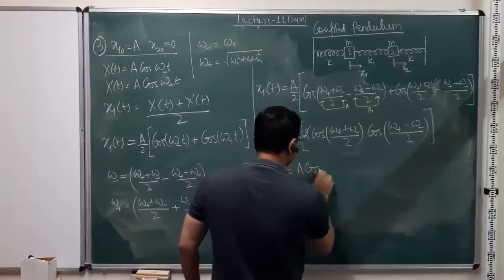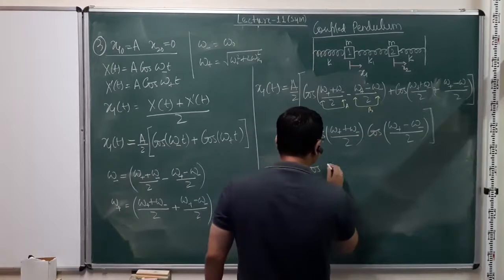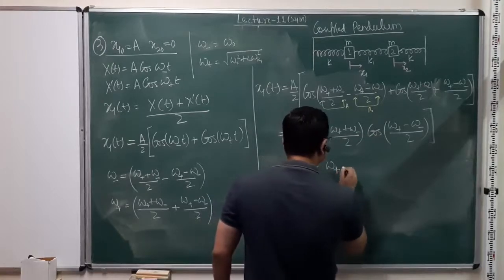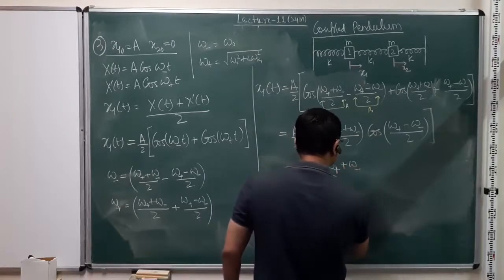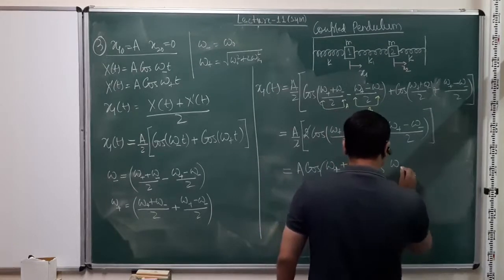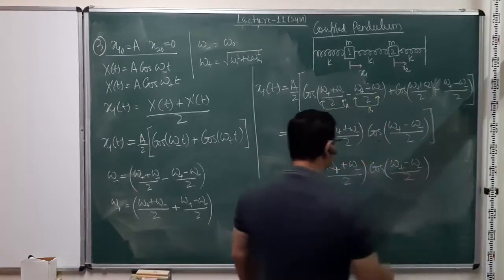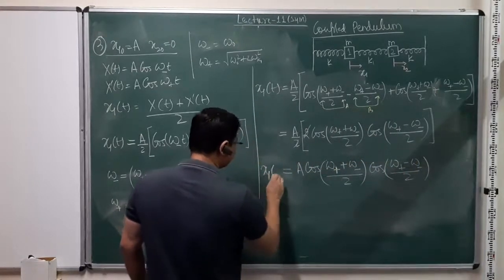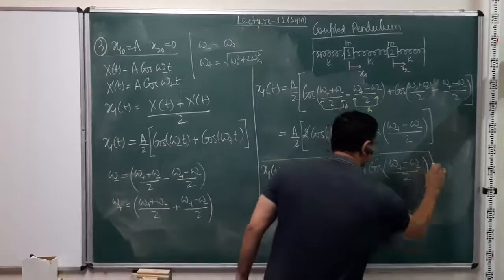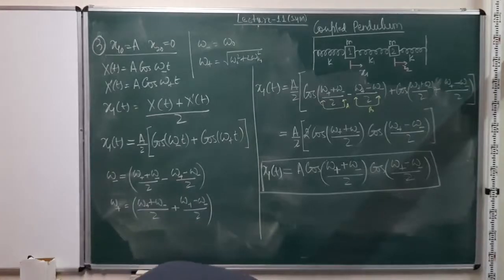This is straightforward. And now, if you want, we can simplify it further. Simplify in the sense that we can choose other variables to write it in a slightly more compact form. So this is then x1 of t. Let me just check if I want to rearrange it in any other way.